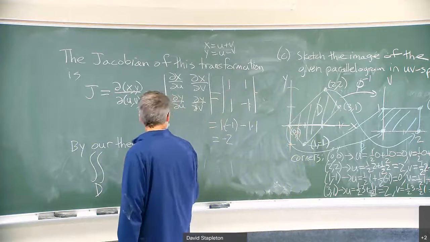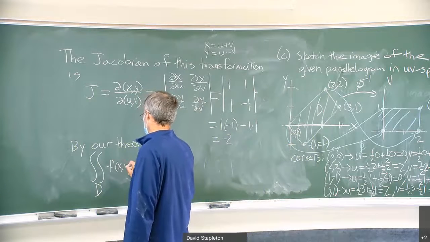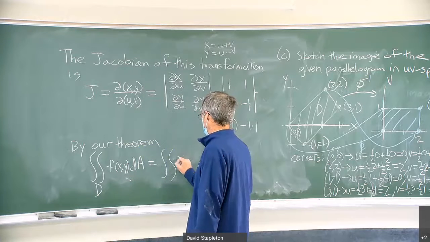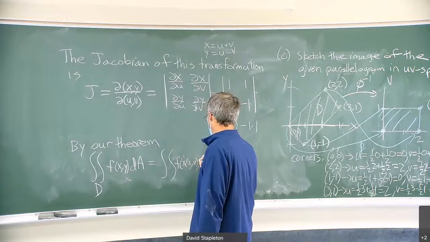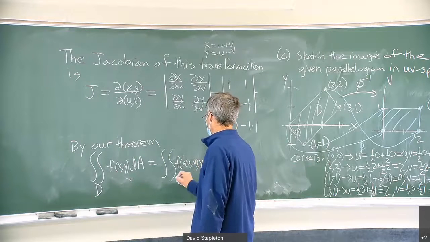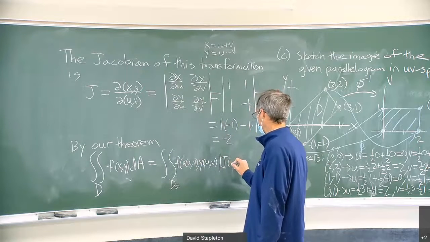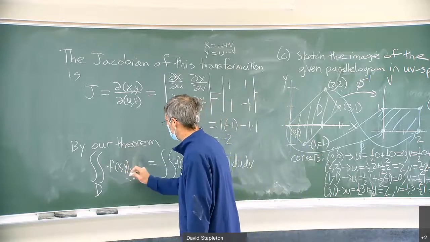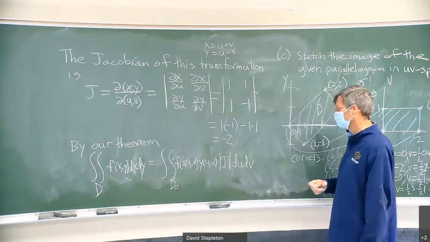So over this tilted rectangle, a special case of a parallelogram, of any function f of x, y, I can rewrite that double integral as the double integral of f of x of u and v, y of u and v, over the corresponding region D0 in uv space, if I multiply by this factor in here, the Jacobian absolute value, du dv. And I put dA here. Let's make it more suggestive: dx dy. So this is the double integral in xy space, and this is the double integral in uv space.